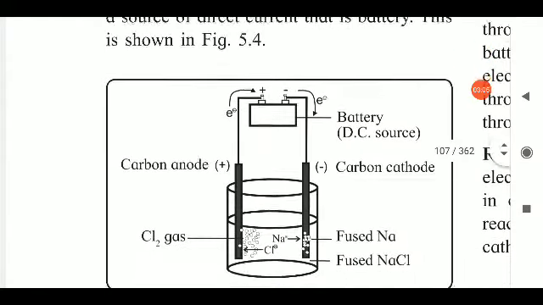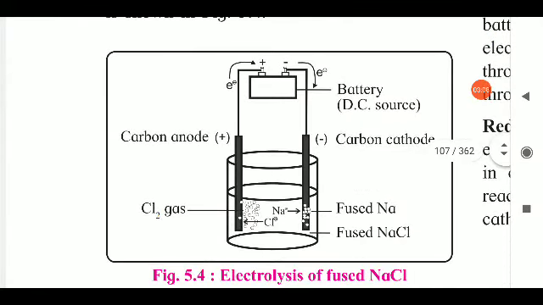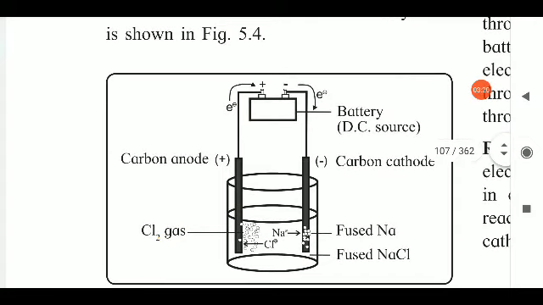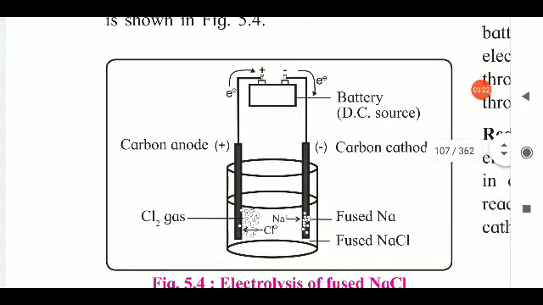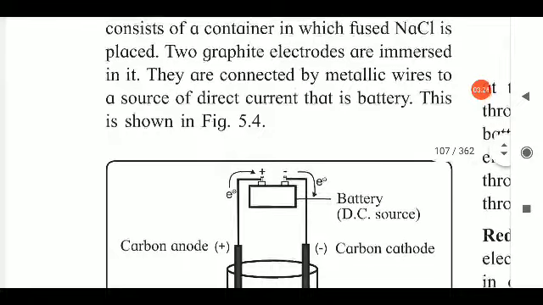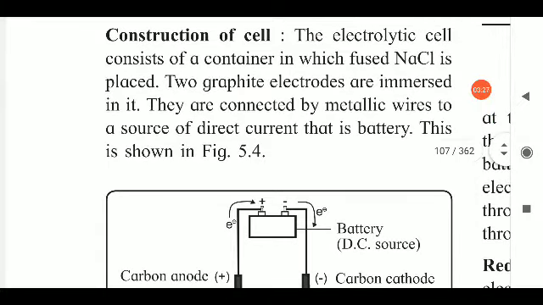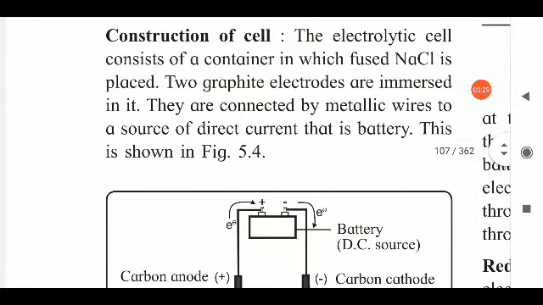Now look at this picture. You will notice that from these two electrodes the wires get connected to the corresponding battery which is having DC source. So this is the arrangement which we have made for the electrolysis of molten NaCl.